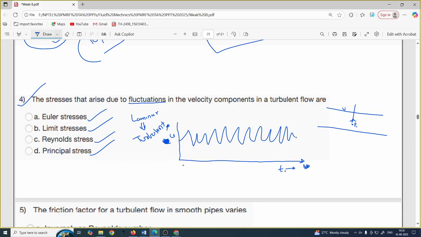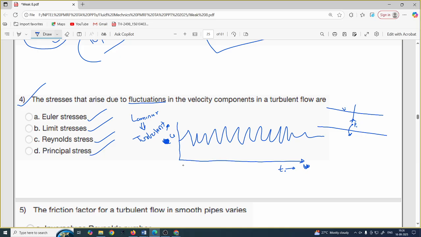It means you will not get the exact value. For the analysis, you cannot analyze such type of velocity at a particular point. If someone asks you what the value of velocity at a particular point is, how will you tell?